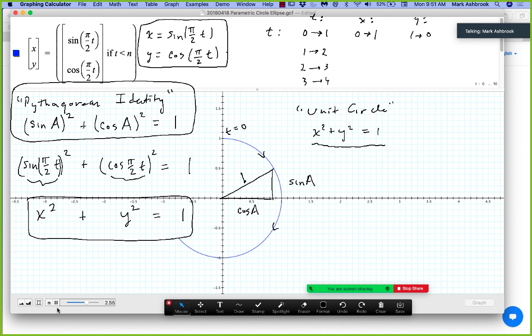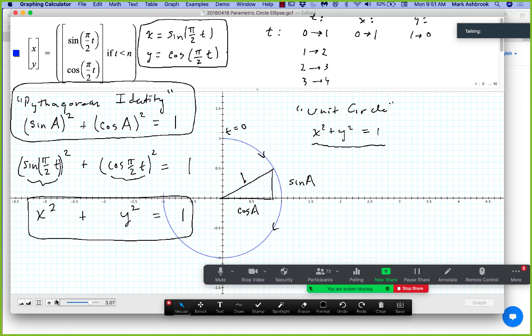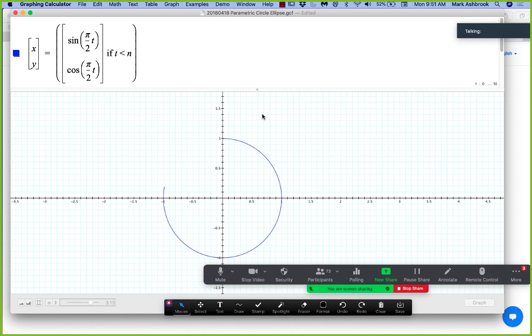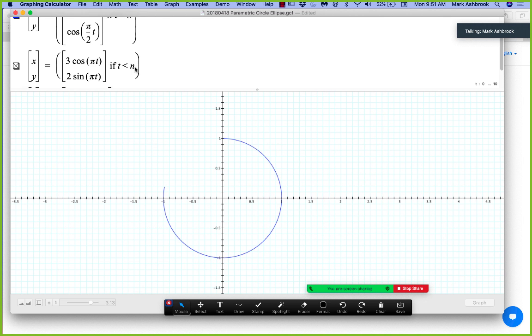Okay, let's look at another example. Any other questions on this example? Okay, so let's see here. So let's look at this one.